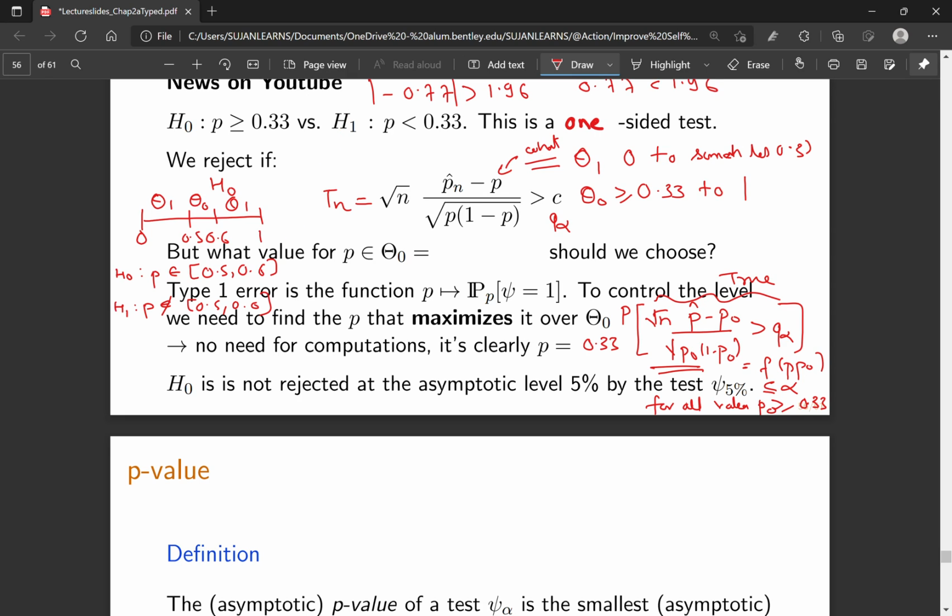How do we know which one is the correct boundary? For that, we have to calculate the individual type 1 error using 0.5 and 0.6, and whichever gives us the highest type 1 error, whether it's 0.5 or 0.6, is the right boundary for us.